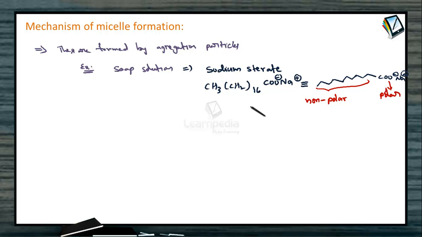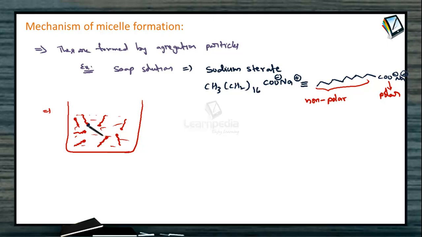It is a polar group. So when you dissolve this soap in water, what happens? Aggregation of sodium stearate occurs. Suppose all are particles in the water, and all are sodium stearate molecules.